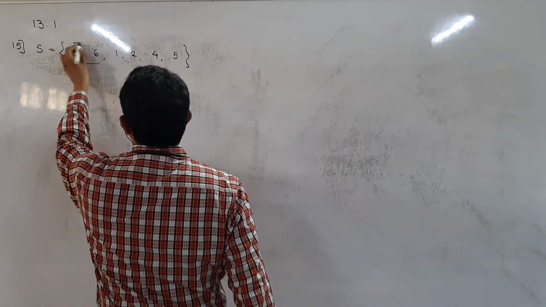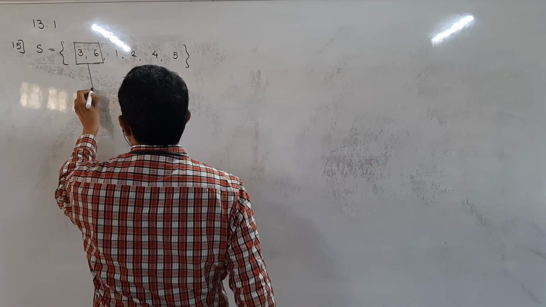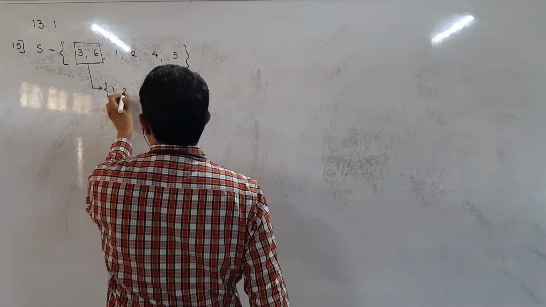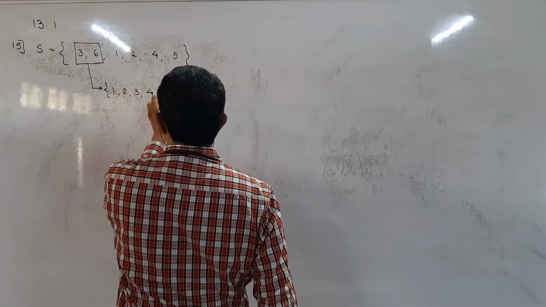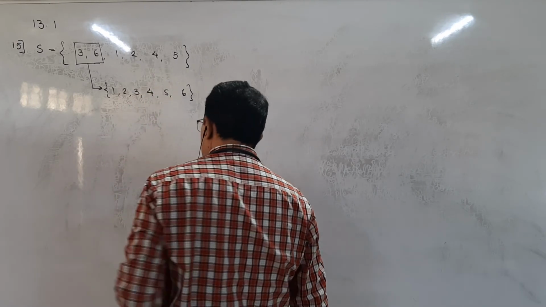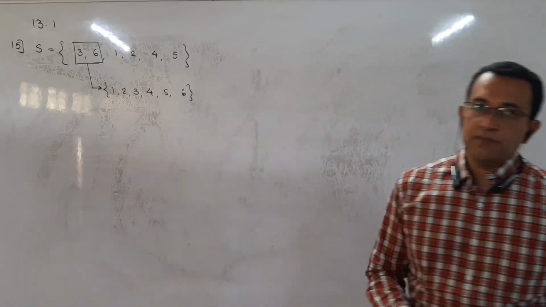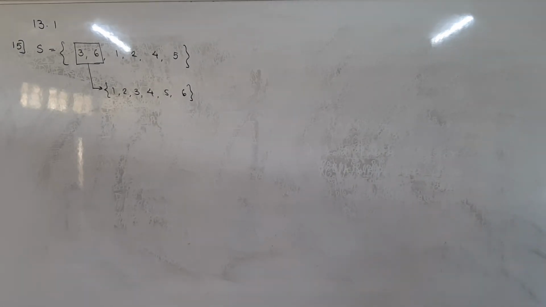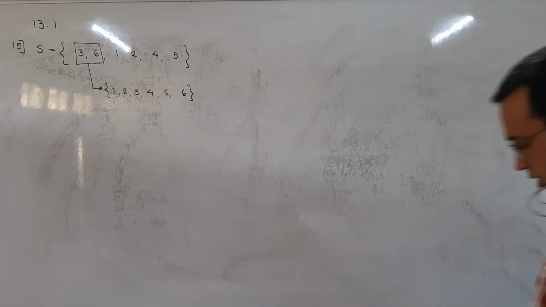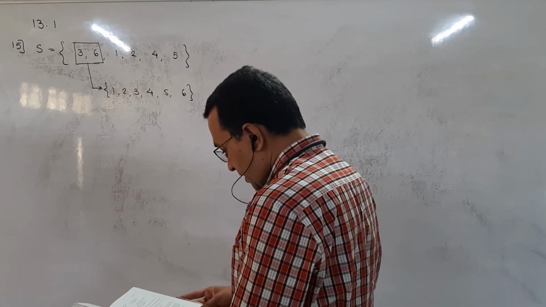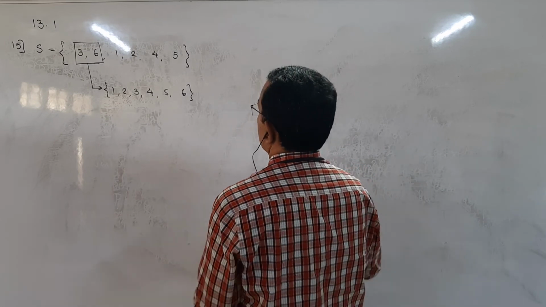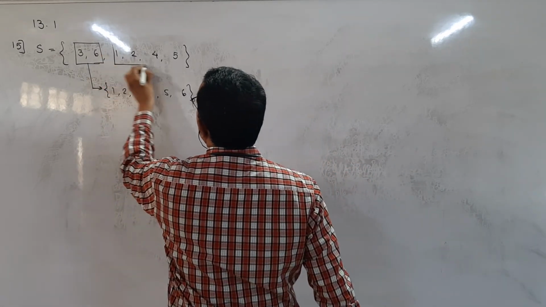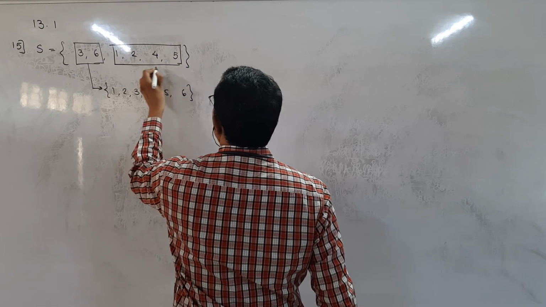With this, we toss the dice again. Means, with 3, I can have any one of the 6 integers. And with 6 also, students, I can have any one of the 6 integers. And if any other number comes, a coin is tossed. Okay, with this, a coin is tossed.